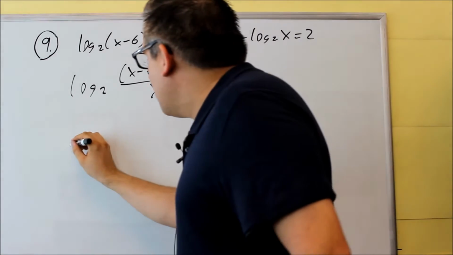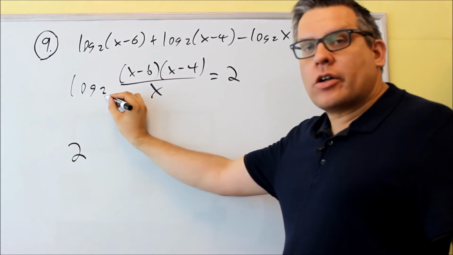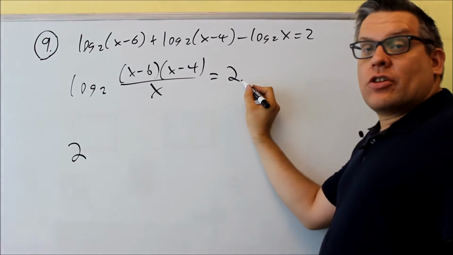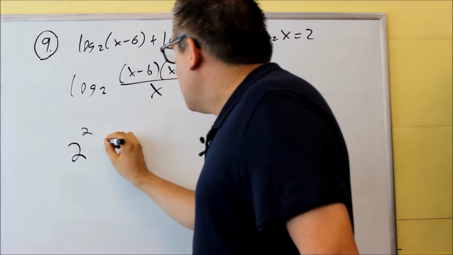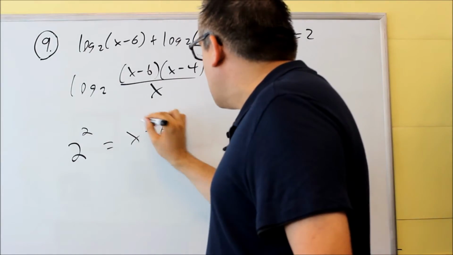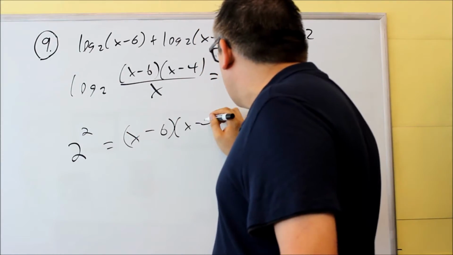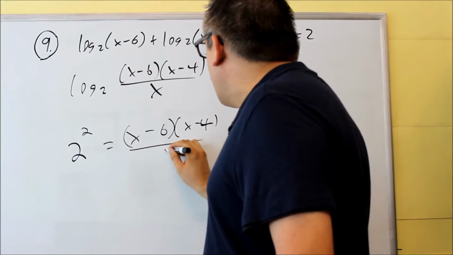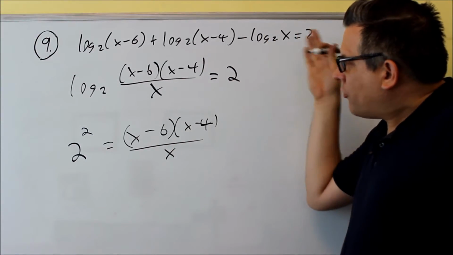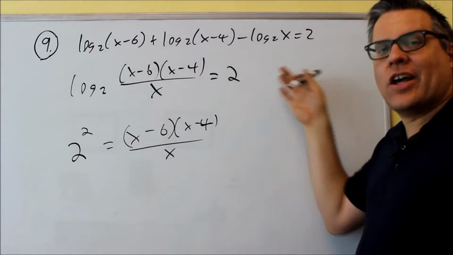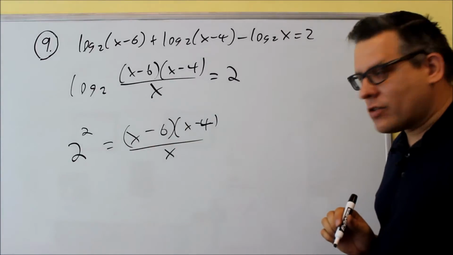So I have the base of the log, 2, raised to the power after the equal sign, which coincidentally is also 2, and that's going to equal x minus 6, x minus 4, all over x. Okay? So that's the second thing you do. First you combine to a single logarithm, and then you change it into exponential form next.